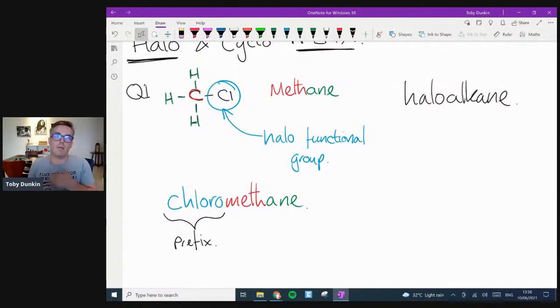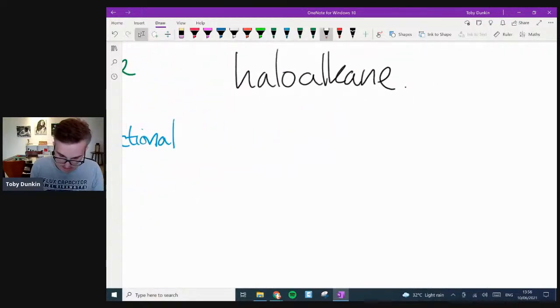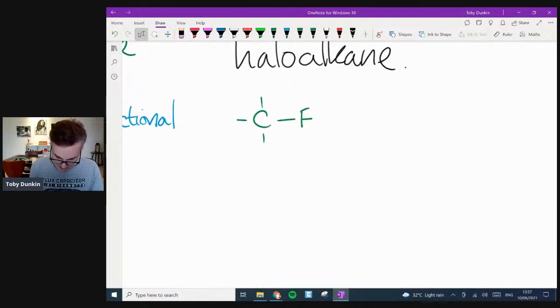Now at this point, I'm going to give you the prefix for each of the halogens. So if you had haloalkanes, I should actually give you an example of each one. So an F, then a Cl.